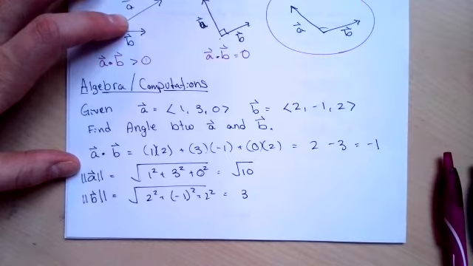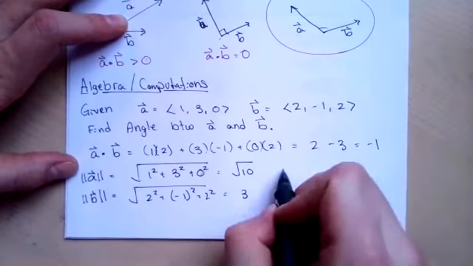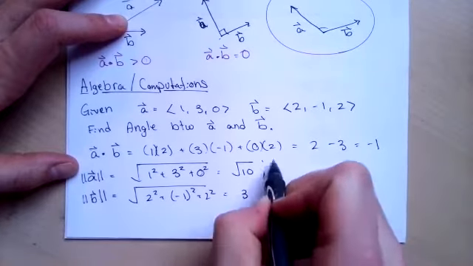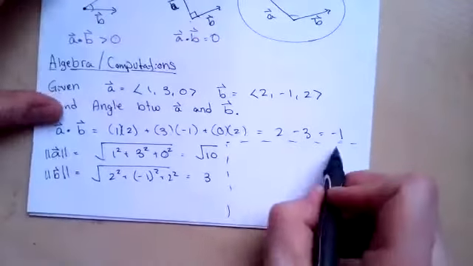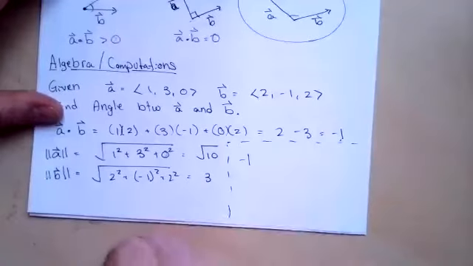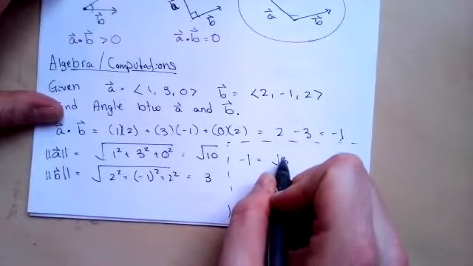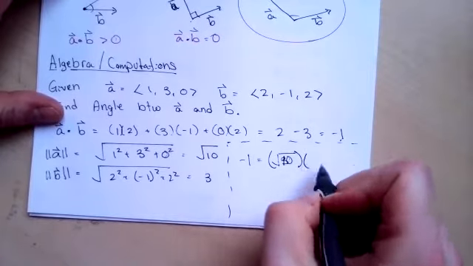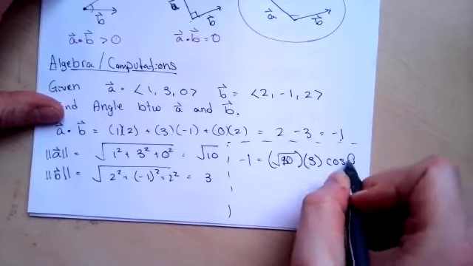So putting that all together, we're going to have -1. I'm going to have to squeeze the rest of this in here. I think it'll be better to just finish up on the space of this page. We'll have this -1, the dot product, is equal to the norm of A, square root of 10, times the norm of B, times cosine of theta.